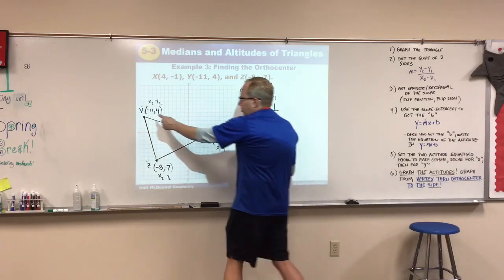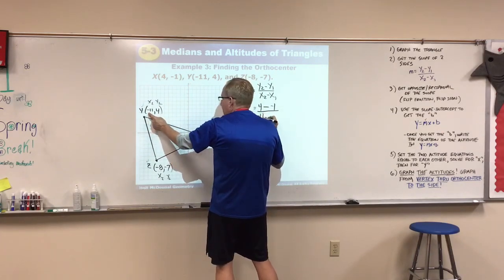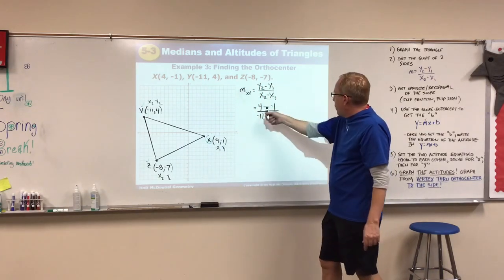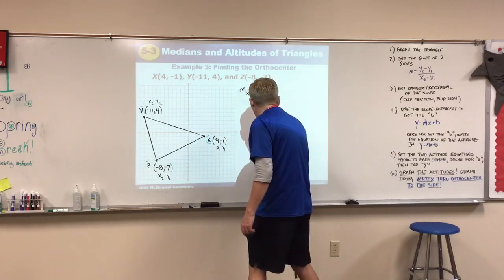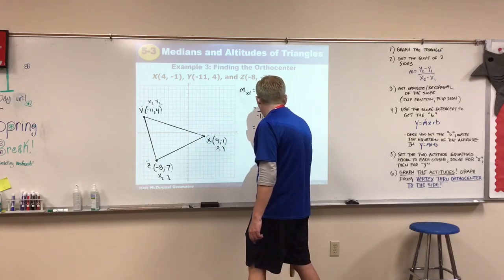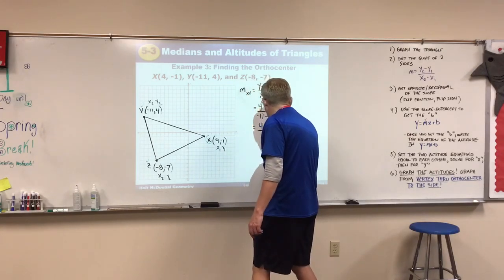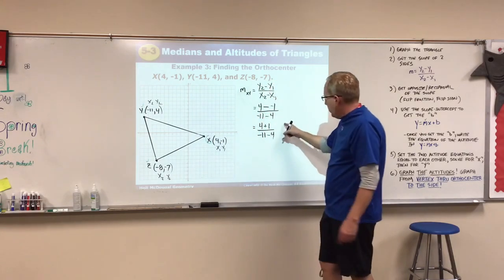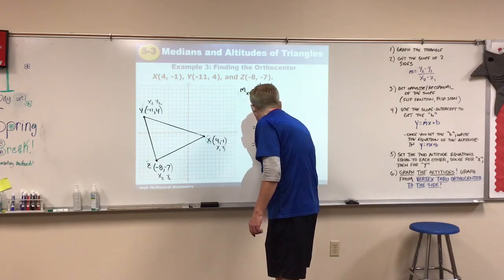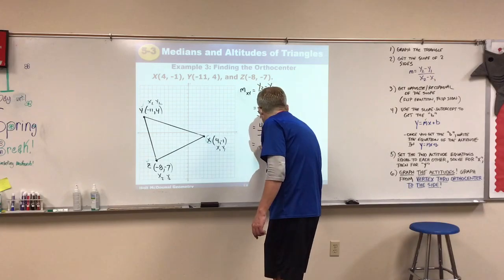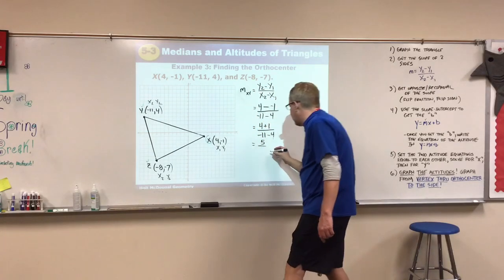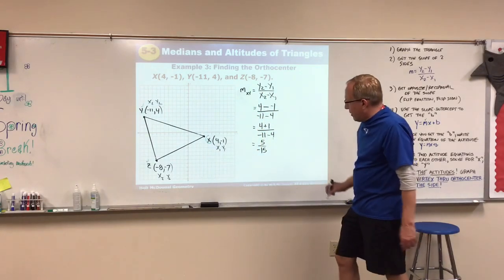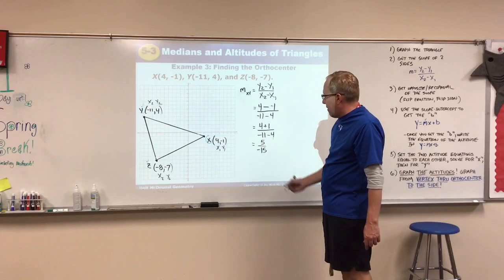All over x2, which is negative 11 minus x1, minus 4. So this is 4 minus a negative 1, which is the same as 4 plus 1, all over negative 11 minus 4. 4 plus 1 is 5, and negative 11 minus 4 is negative 15. 5 over negative 15 is the same as negative 5 over 15.